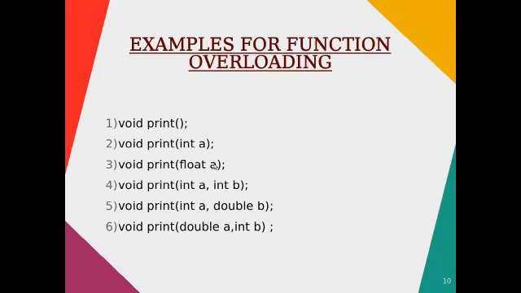But just because function overloading didn't exist, we would have to provide 6 different names for the same functionality. So this is where function overloading comes into the picture, that is, using the same function name you can implement different functionalities.